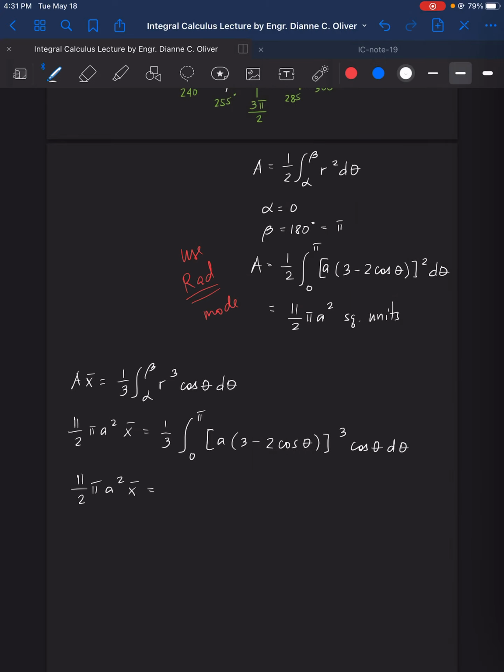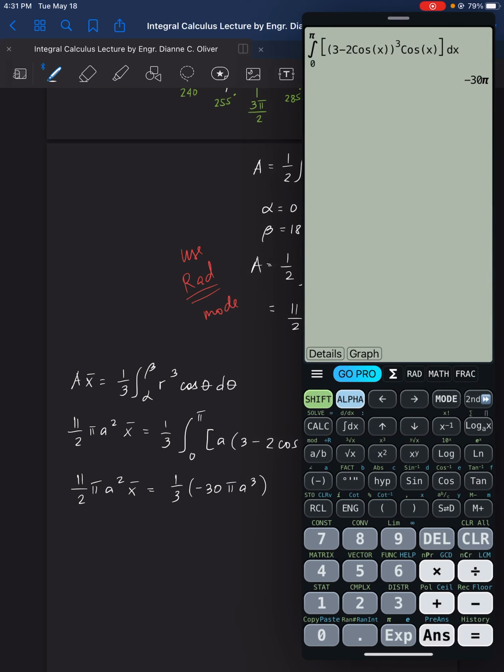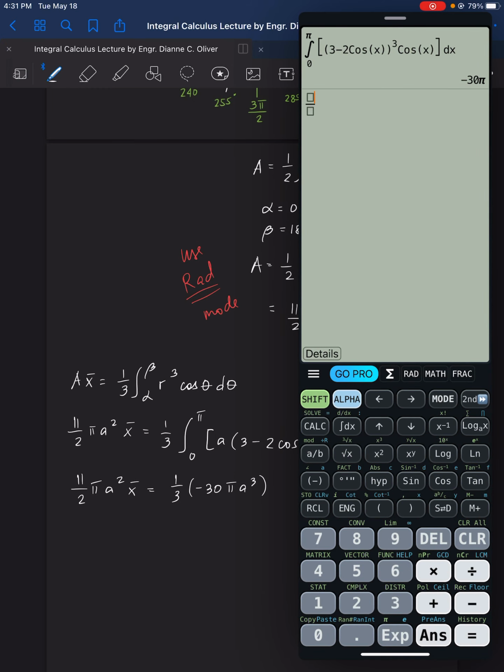So what we have here is 1/3 of negative 30 pi a raised to 3. Cancel 3, so that becomes negative 10.